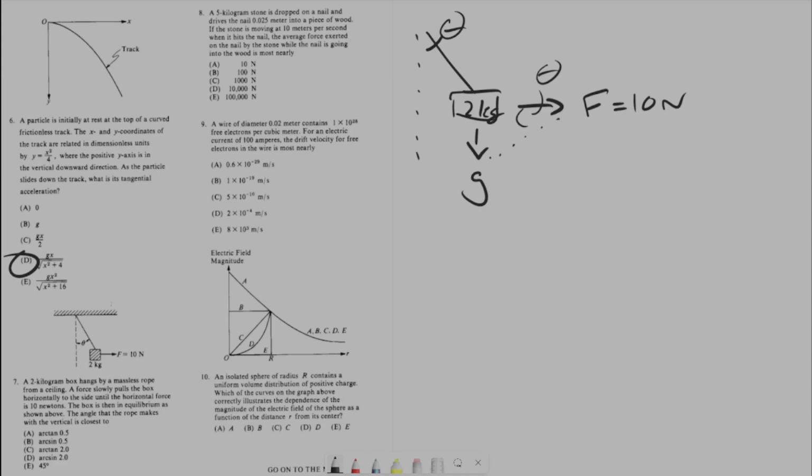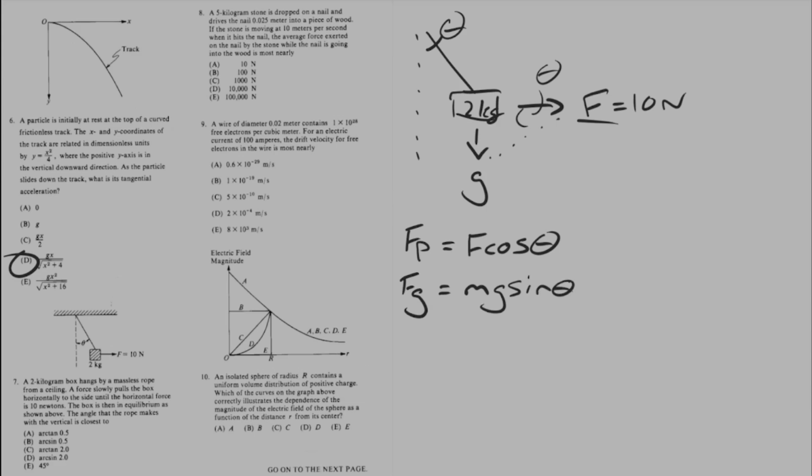Since they said it's in equilibrium, I know that the F pull, which I'm just going to call the component for that, is going to be F cosine of theta, and the gravity component is going to be mg sine of theta.